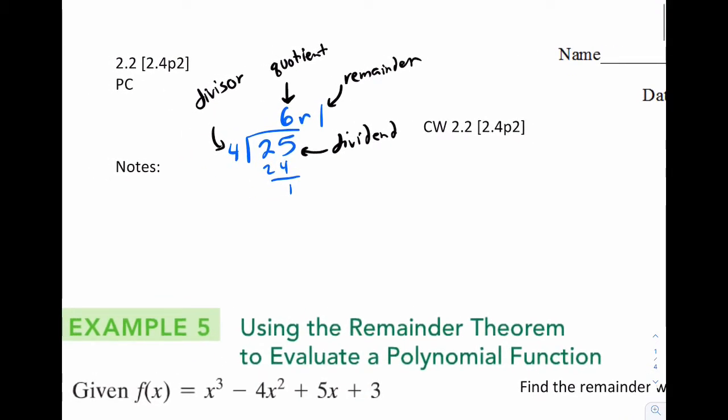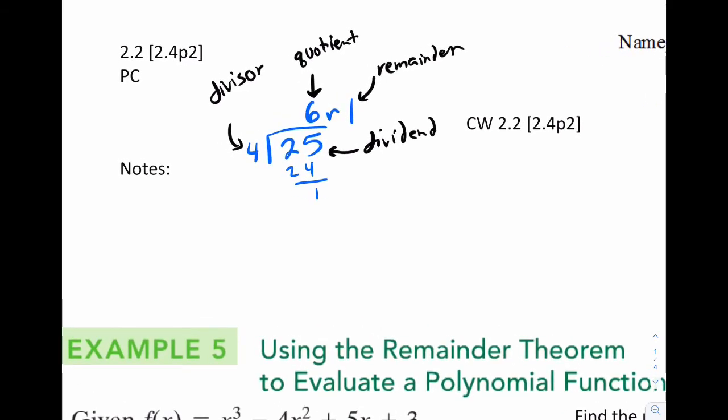So the reason I'm telling you those vocab words is because we want to actually combine all of them to make some type of equation. So watch what I do here. The dividend, that's our 25, that's actually equal to the quotient multiplied by your divisor.